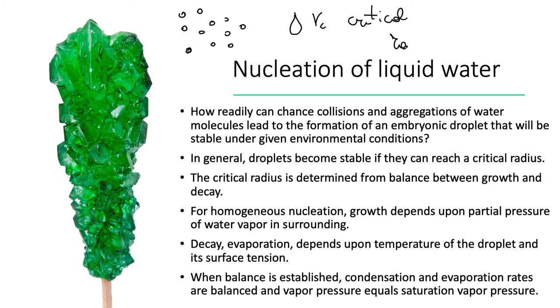This is where the two tendencies, surface tension that would want to push molecules away, sigma usually denotes surface tension, and the supersaturation that pushes water vapor molecules inside of the droplet, are equal. If you're at radii smaller than the critical radius, you're not growing. The droplet would disappear in a short amount of time. If you're at a radius greater than the critical radius, then you'd want to grow.